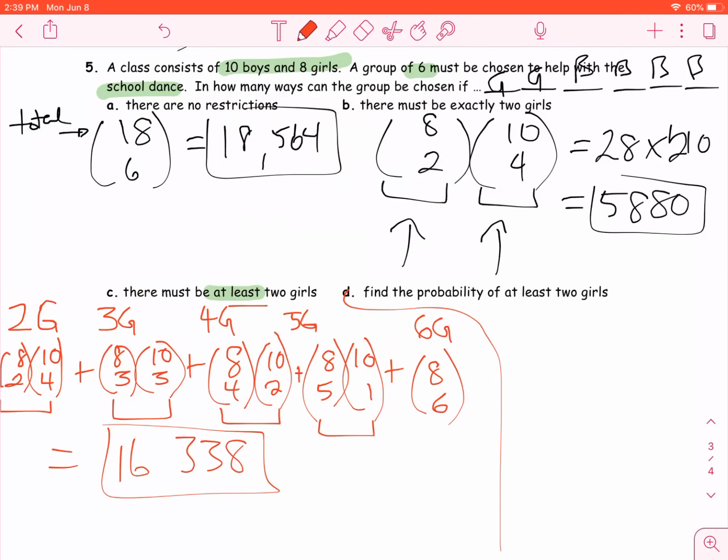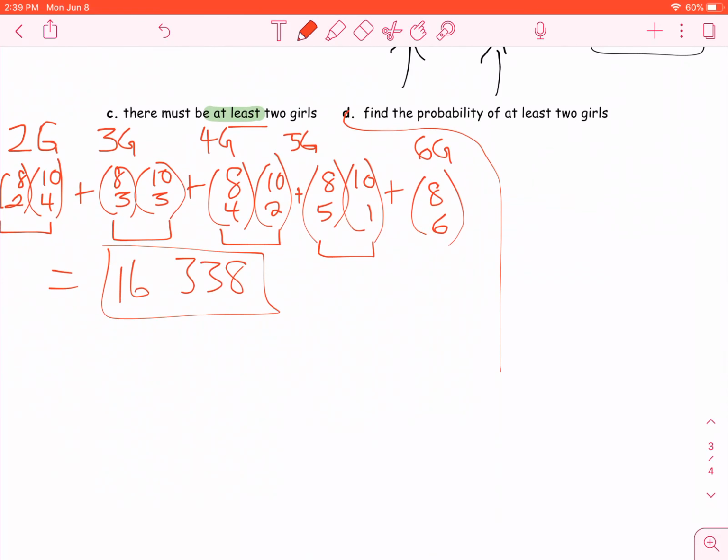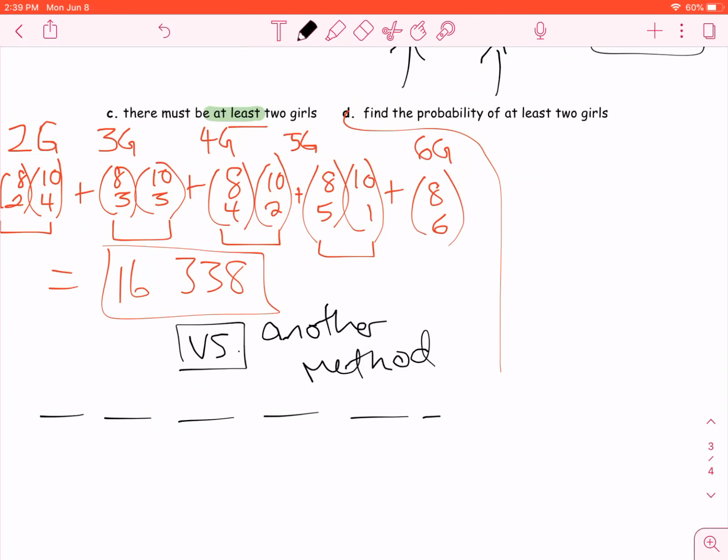You also could have done it this way. So this is another method. You might like this way as well. If there needs to be at least 2 girls, and we consider what happens if there's 3, 4, 5, and 6, you can also take away the options.